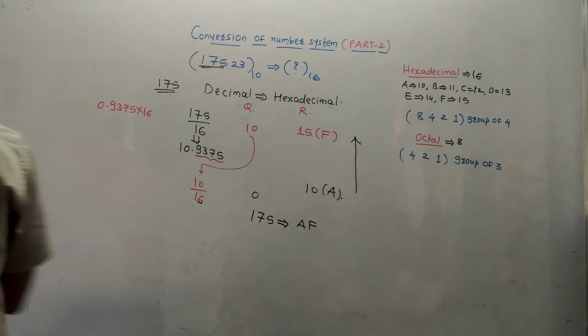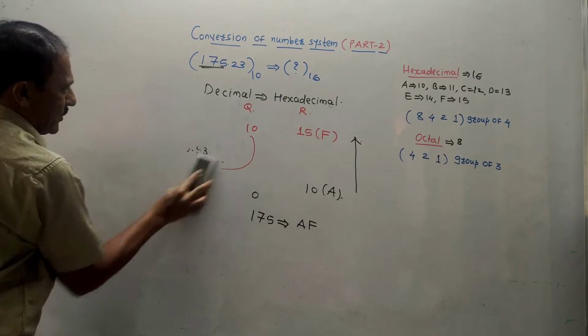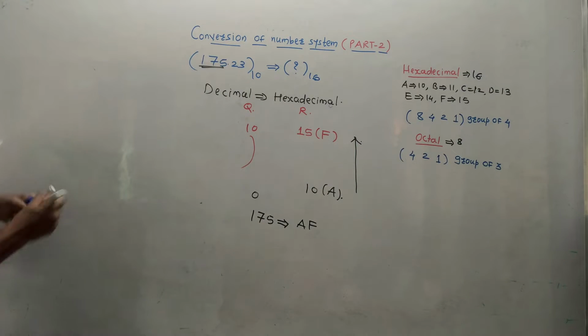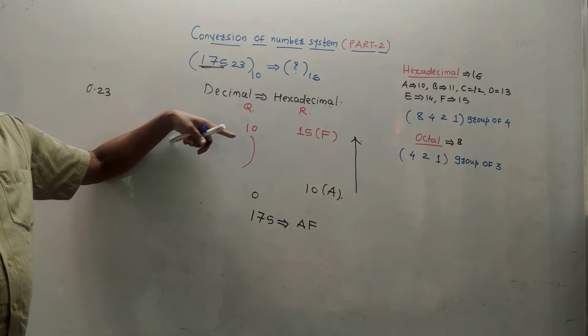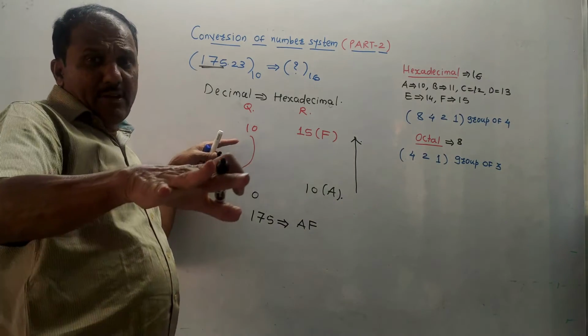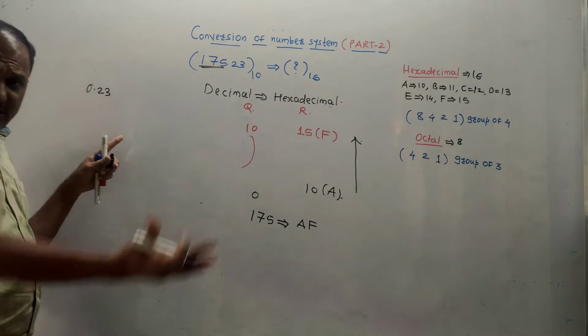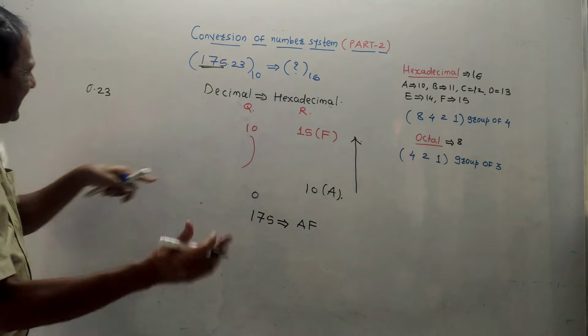The fractional part in this case is 0.23. So I will be doing the calculation over here. What we did in the integer part, we divided every time by 16. In the case of the fractional part, do it in the reverse way. Multiply the value, in this case 0.23, by 16.